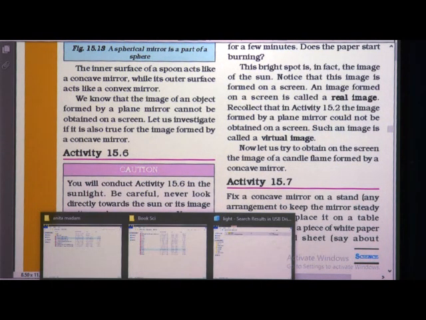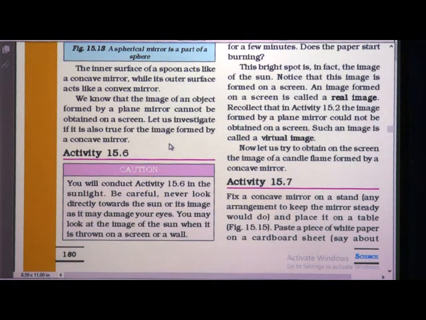Suppose we keep a candle in front of the concave mirror and place a screen, and the candle is between the screen and the mirror.